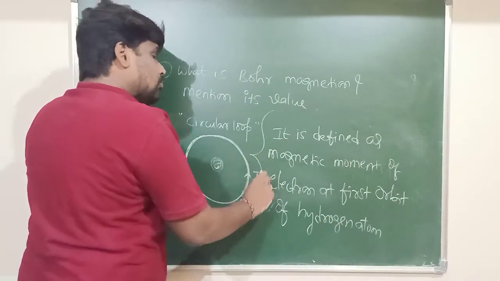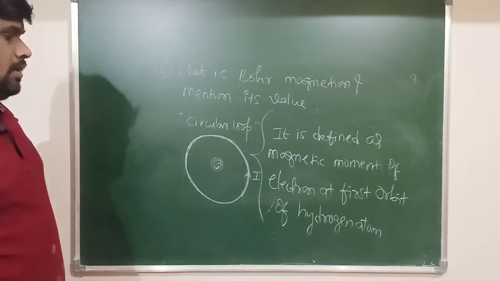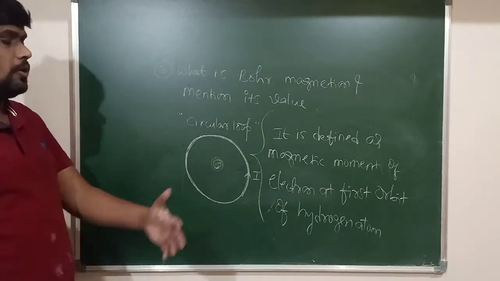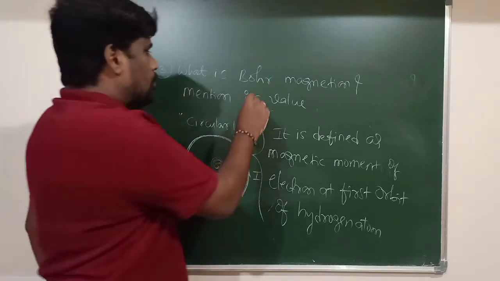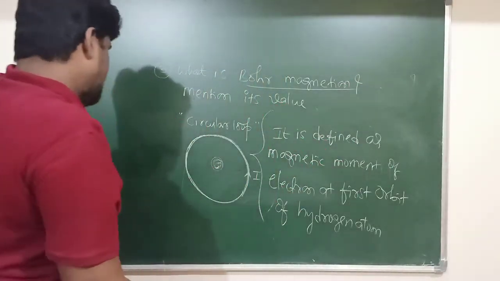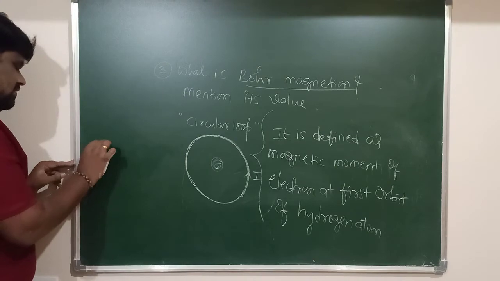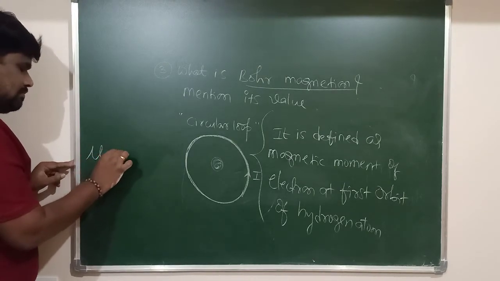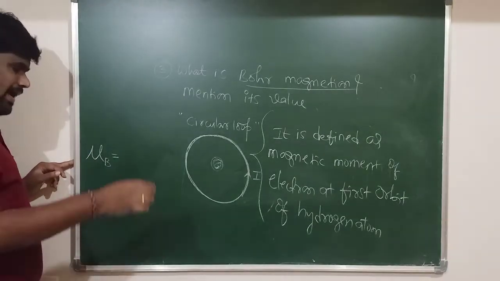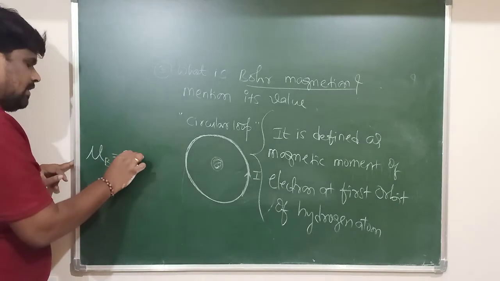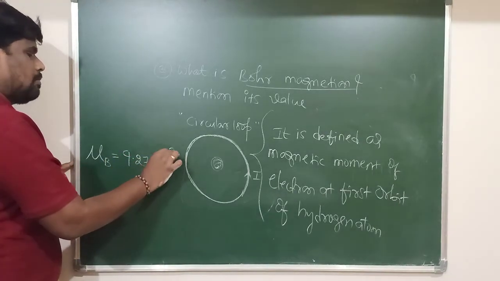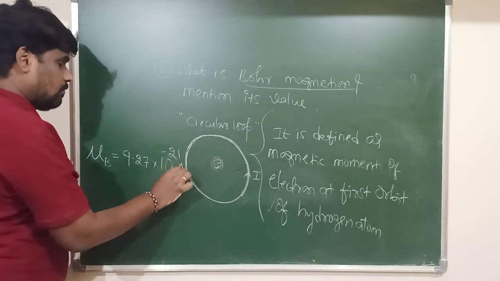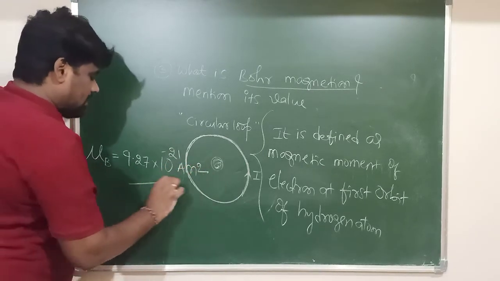The magnetic moment of electron revolving at the first orbit of hydrogen atom is generally called a Bohr magneton, and the Bohr magneton is generally denoted by the symbol μB, and its value is nearly 9.27 into 10 power minus 21 ampere square meter.